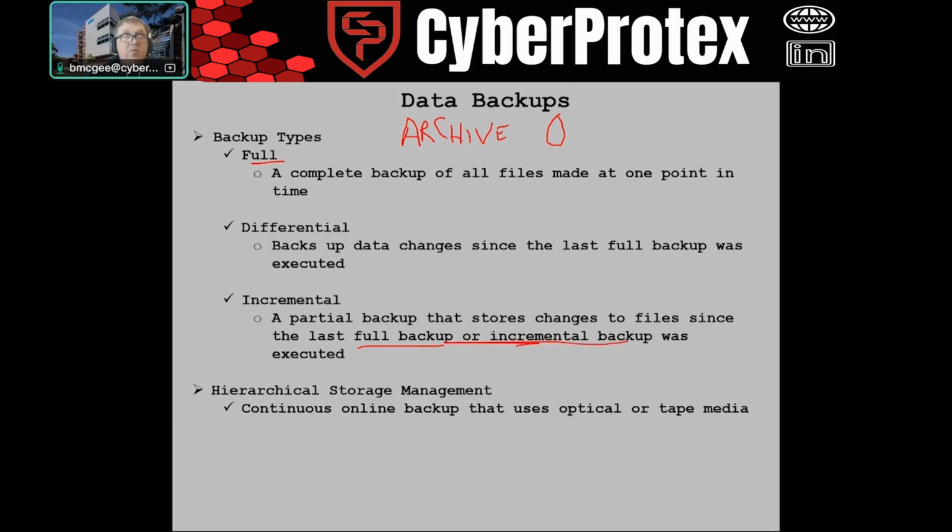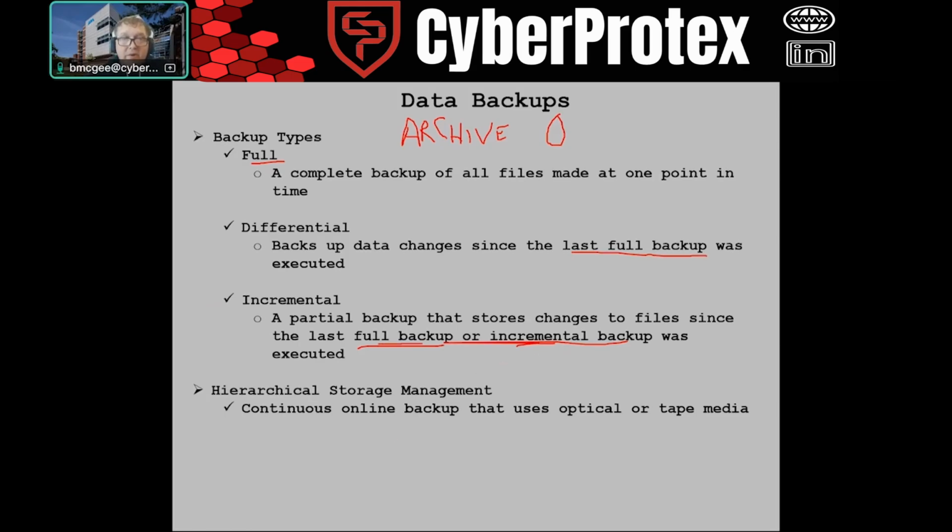So let's talk about that for a second. That's the incremental. Above here is the differential. Differential is what's different since the last full backup. Incremental is what's the difference between the last full backup and the last time you ran the incremental.